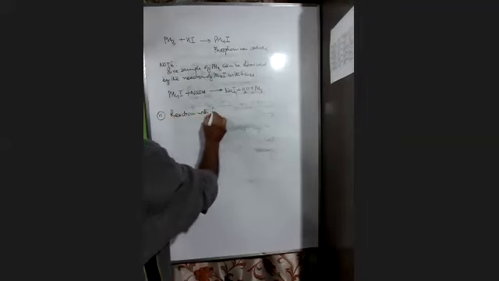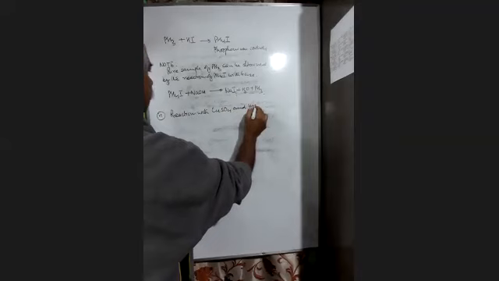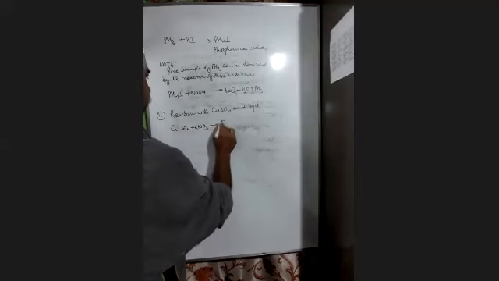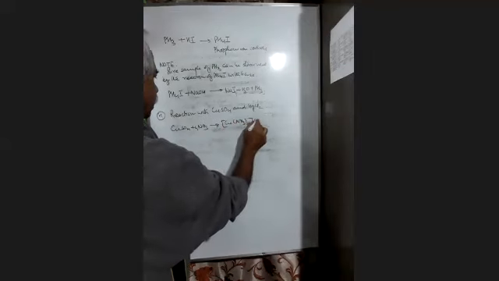Then the next one is given in your book. Reaction with copper sulfate and mercury chloride. We have found that when copper sulfate reacts with ammonia, it forms a complex. We call it tetraammine copper sulfate. It is deep blue in color.